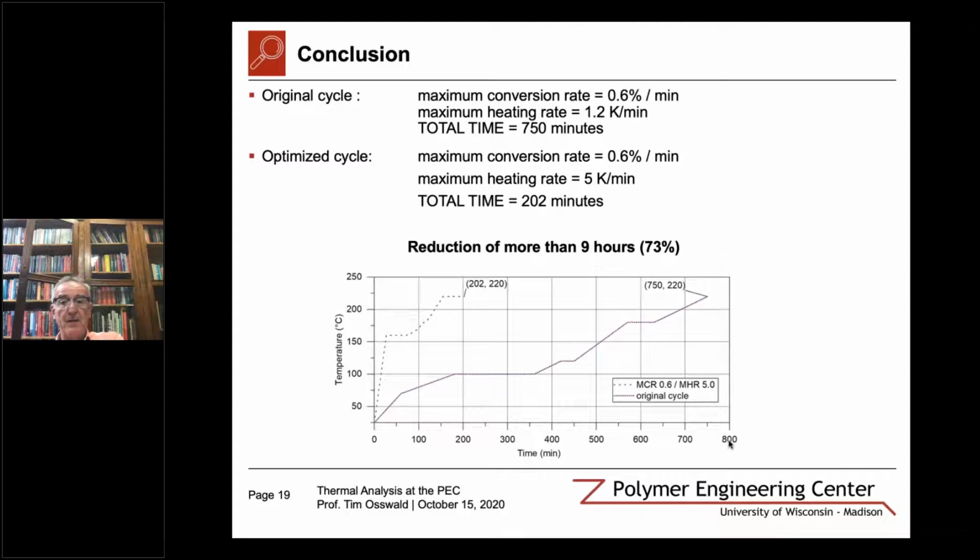The original cycle is the one recommended by Carbon, and this is the one we optimized to make parts with exactly the same properties, just as good, and we reduced the cycle by more than 9 hours of the 12.5 hours. In other words, we reduced the cycle time to a quarter of what we had originally. So that's one great application.